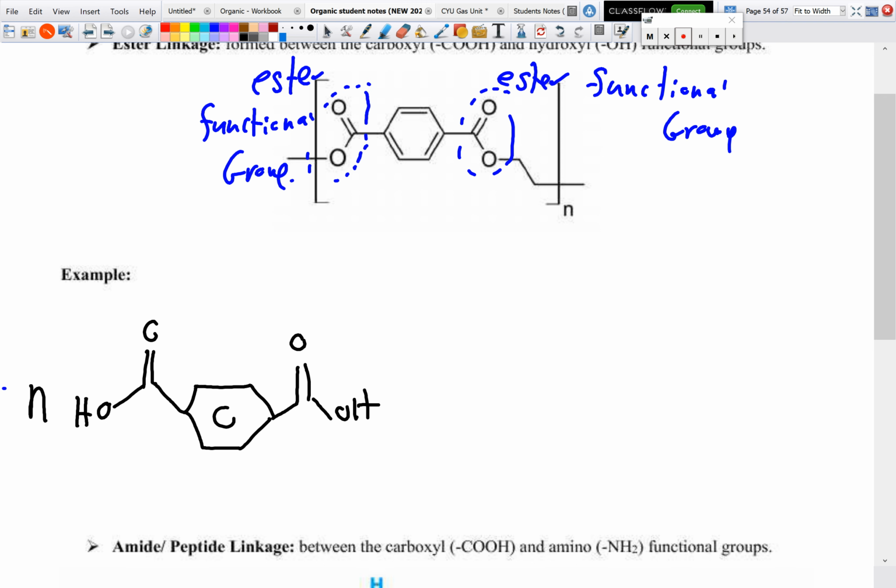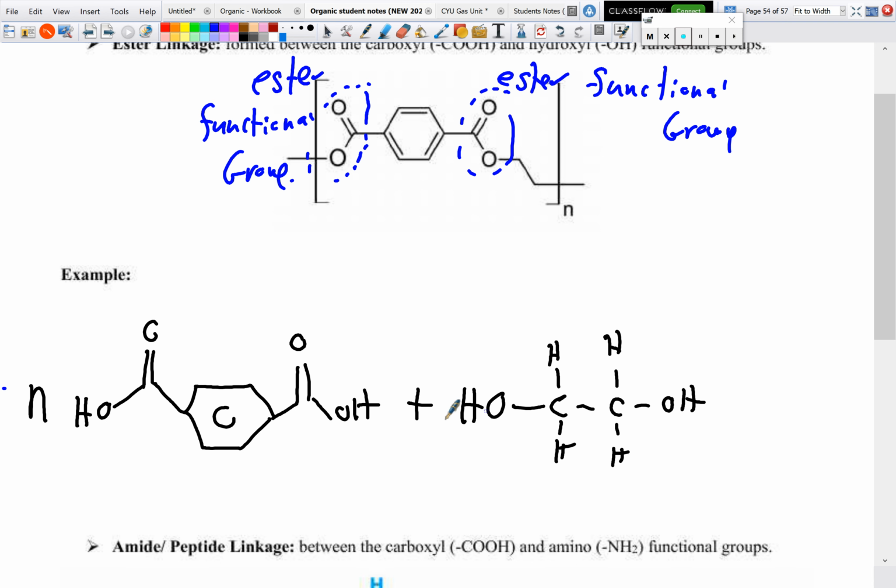Now, we can have the same repeating unit, or we can have something different as well, like some sort of diol. So you'll notice 2 carboxylic acids and 2 alcohols together.